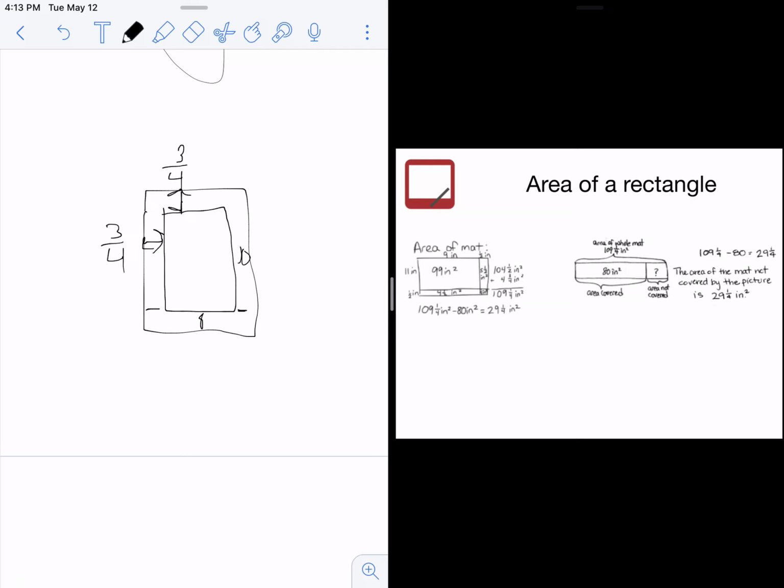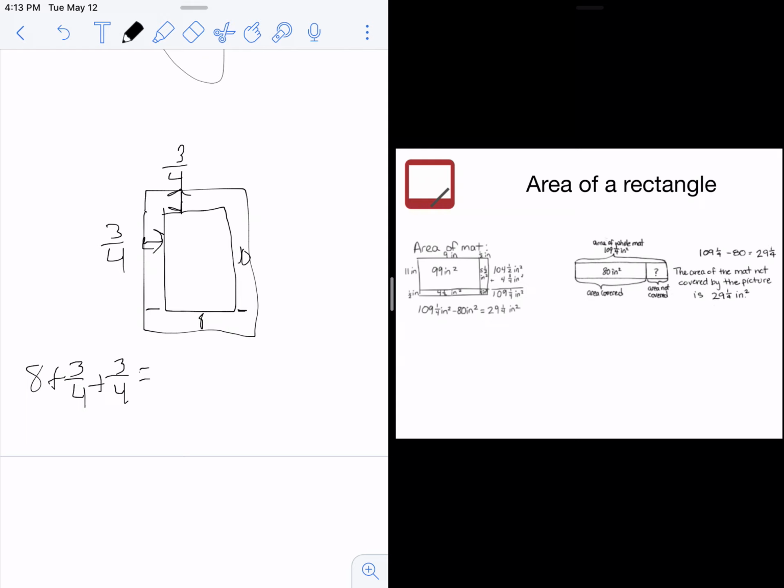So 8 plus 3/4 plus 3/4 gives you... 3/4 plus 3/4 is 6/4, which is 1.5, or 2.5. No, 3.5. I'm sorry.